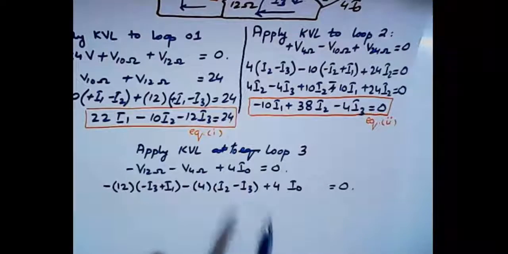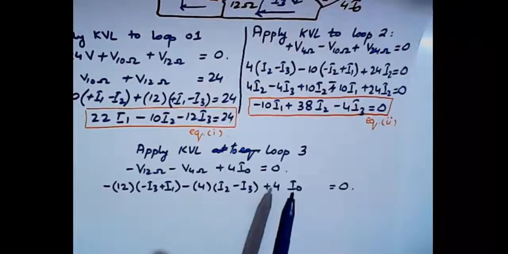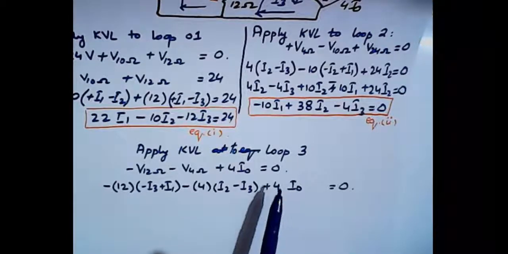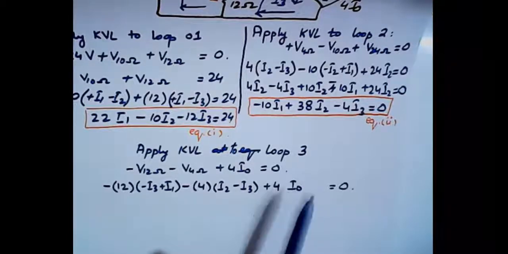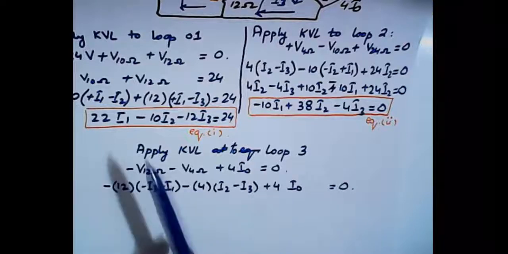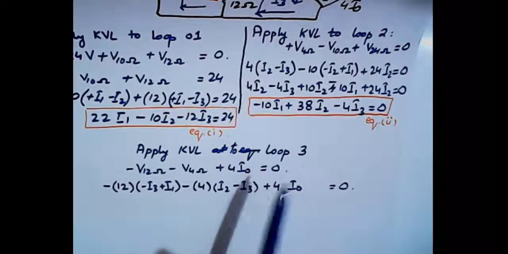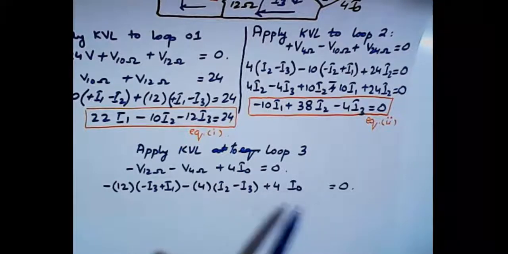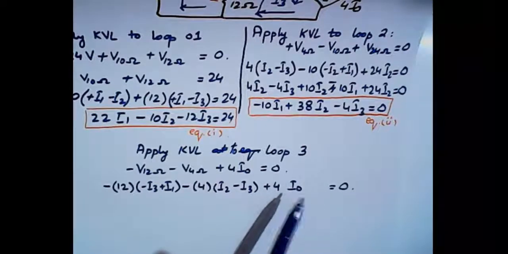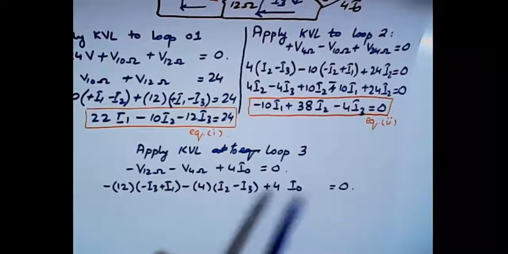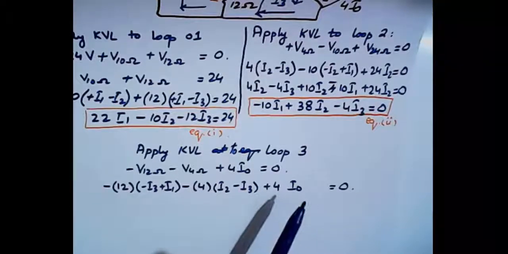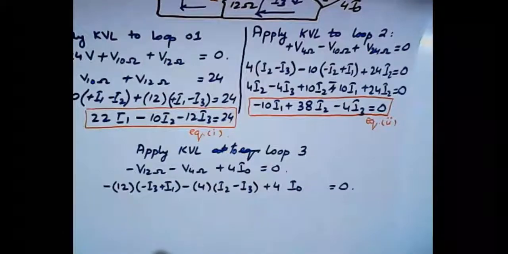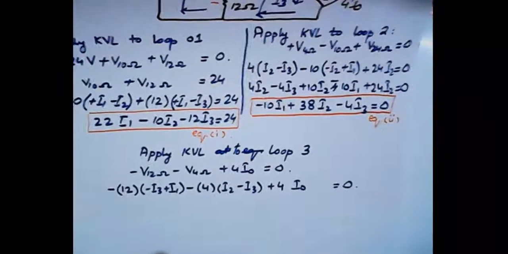One thing we need to understand is that here 4 I0 is creating a bit of an issue. Why? Because we have three equations, 1, 2 and 3, but this third equation is involving a fourth variable, which is I0. So we need to get rid of this I0 and replace it in terms of I1, I2 and I3.